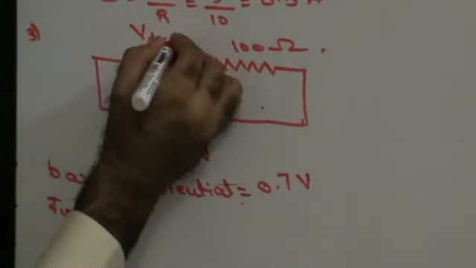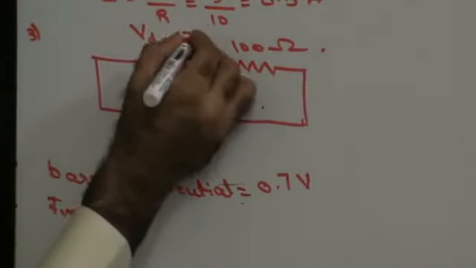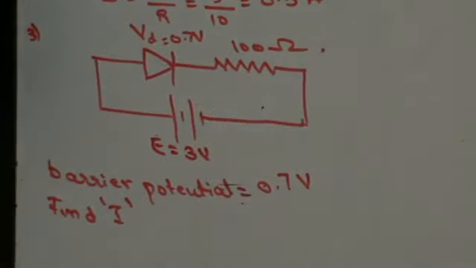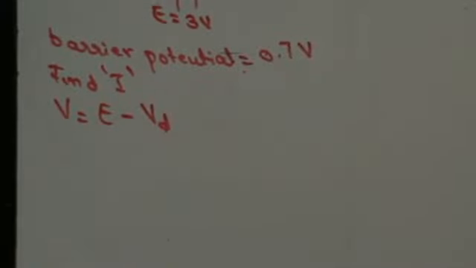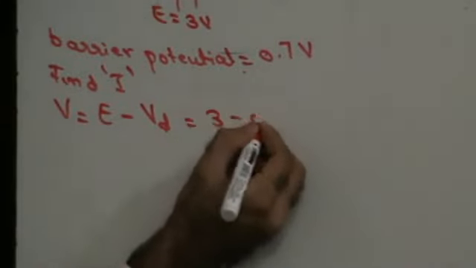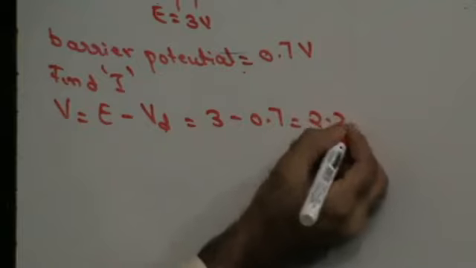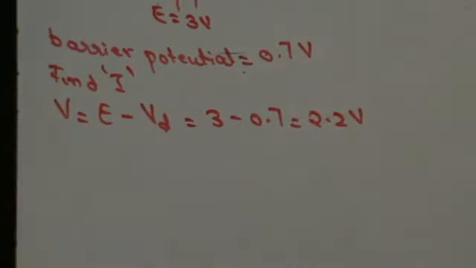So, potential drop across the diode is 0.7 volts. Therefore, the potential difference in the circuit is going to be EMF minus the potential drop across the diode, which is 3 minus 0.7, that is 2.3 volts. So that is the potential drop across the external resistance.